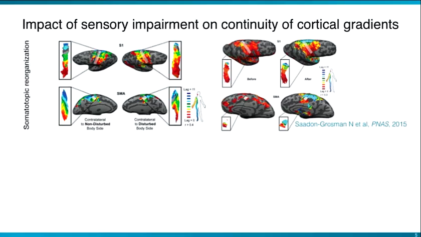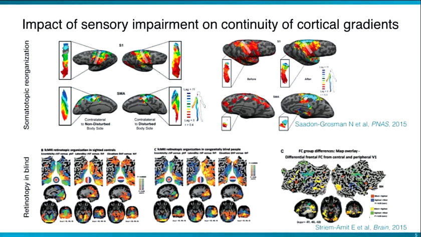What they did was put individuals in the scanner and tactilely stimulate across the body schema. Within healthy individuals on the left, you can see they observed a really nice gradient of somatotopic organization, which was disturbed in individuals with specific damage. Following surgical intervention, that gradient was relieved and returned to a more normal state.